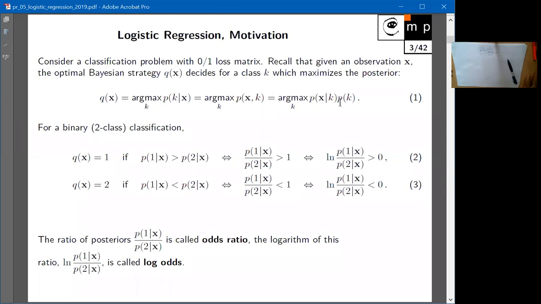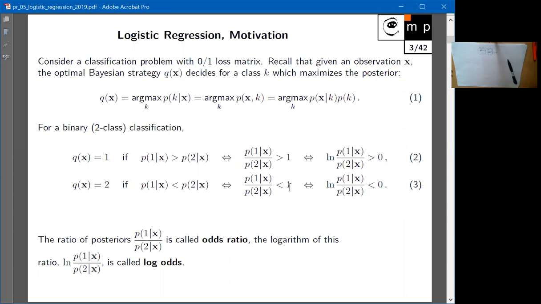And for a binary two-class problem, deciding for the maximum a posteriori is the same thing as deciding for class 1 if p1(x) is greater than p2(x). That's the same thing as p(1|x) divided by p(2|x) being greater than 1, and that's the same thing as the logarithm of this ratio of a posteriori probabilities being greater than 0, and if it's smaller than 0, we go for class 2.